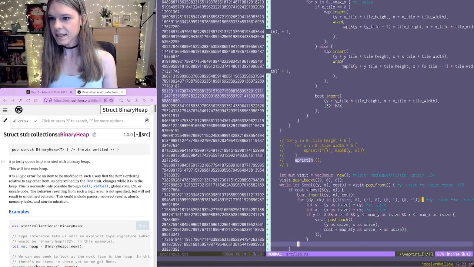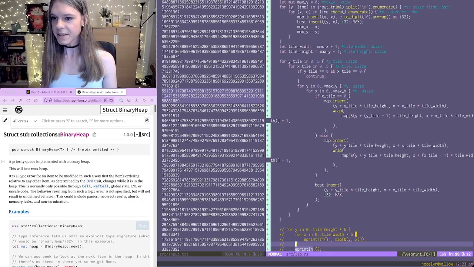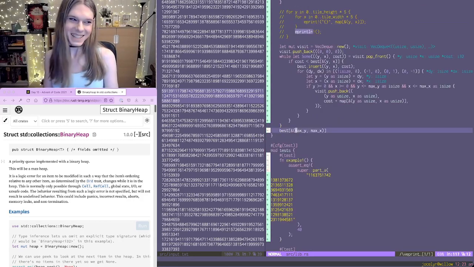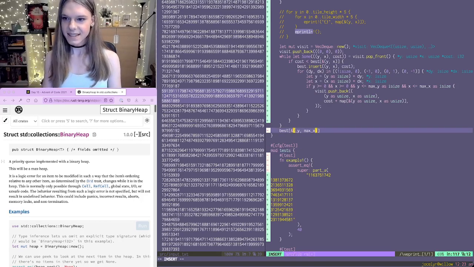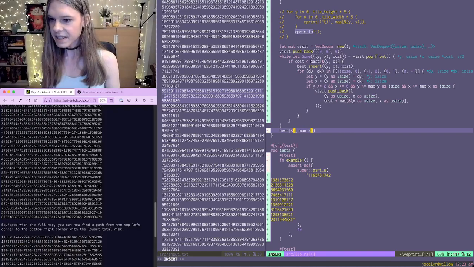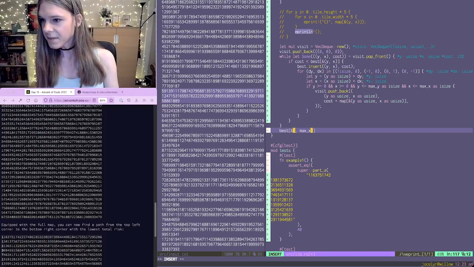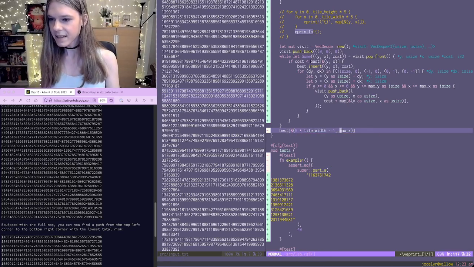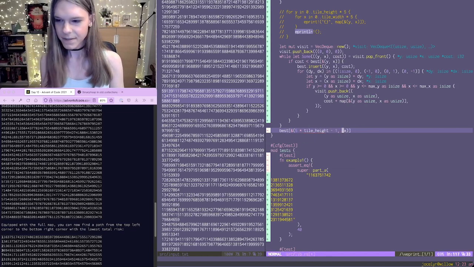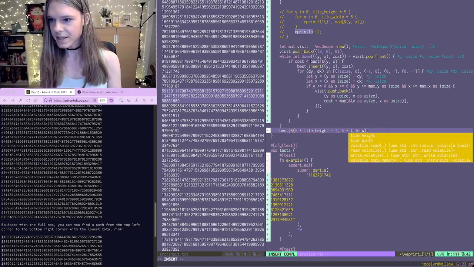Oh. Yeah, no, max y and max x aren't actually that anymore. So that is actually 5 times tile height minus 1, and that is 5 times tile width minus 1.